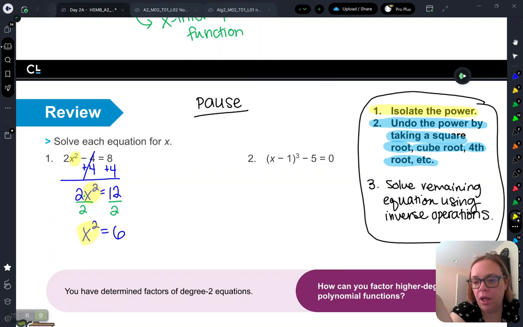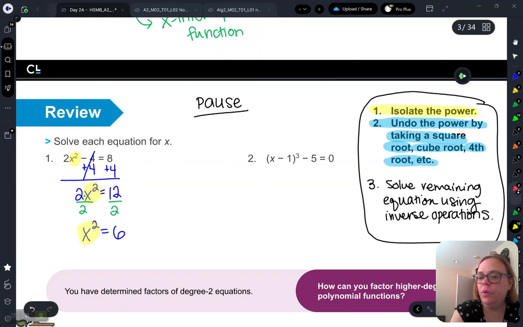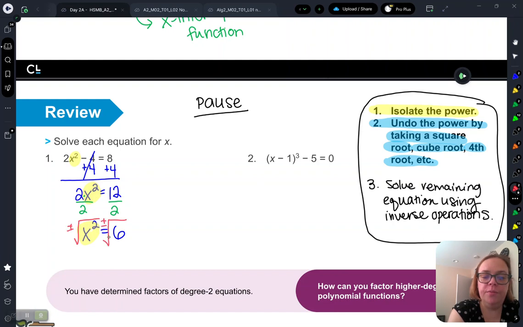We're then going to undo that power by taking the square root, cube root, fourth root, in this case a square root. And when you take an even root, like a square root, you need to take the plus or minus square root. So I'm going to take the plus or minus square root of both sides. And that is going to leave me with just an x on the left side.